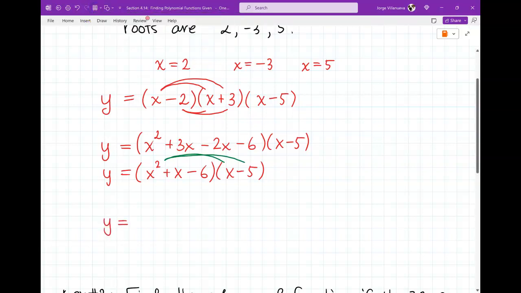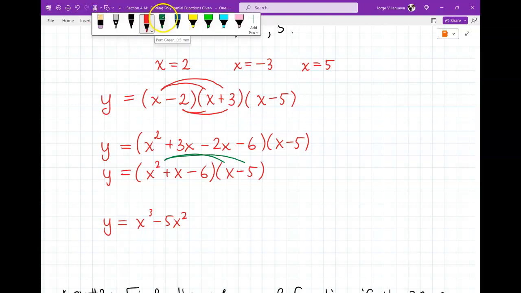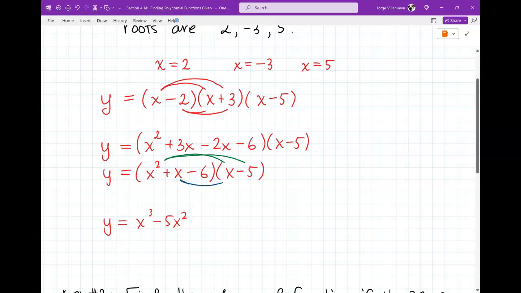So this would be y equal to x squared times x is x cubed. x squared times -5 is -5x squared. Now let's do the middle term. So the middle term here. So x times x, that's positive x squared. x times -5 is -5x.